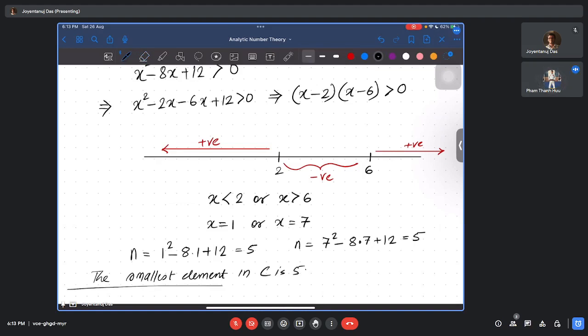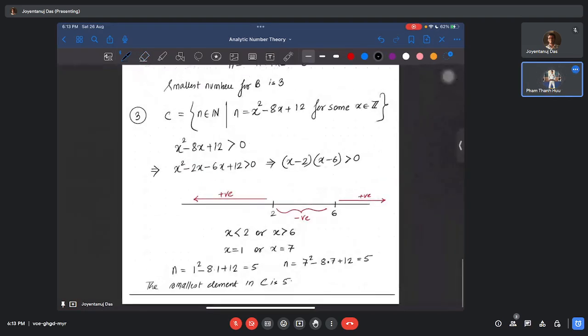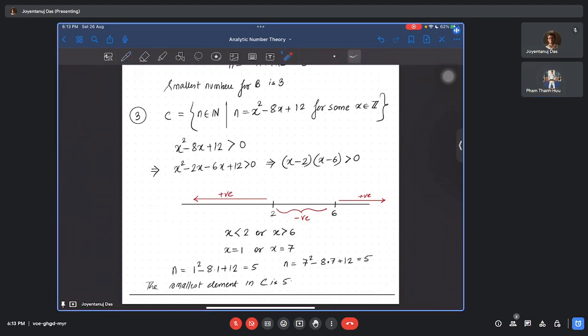I think we went wrong somewhere, because if it equals 1, 1 minus 2 equals minus 1, and 1 minus 6 equals minus 5. Whenever x is less than 2, both of the factors are negative, so that's why the product is becoming positive.